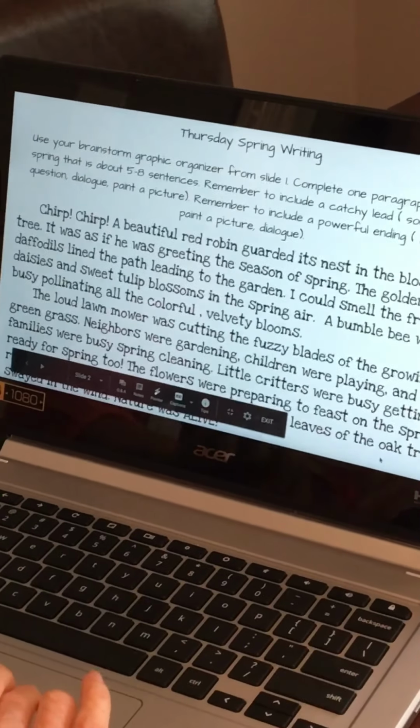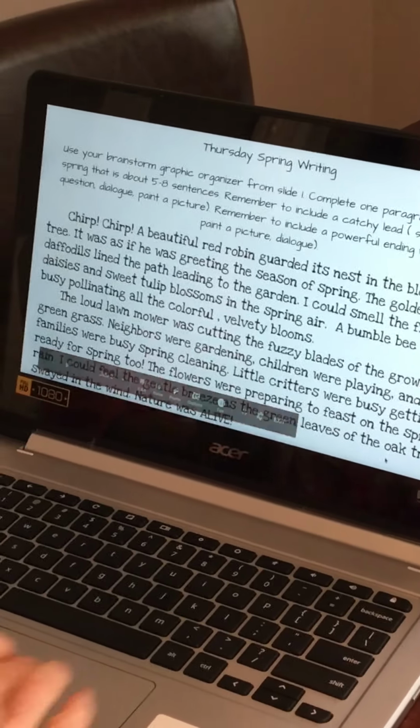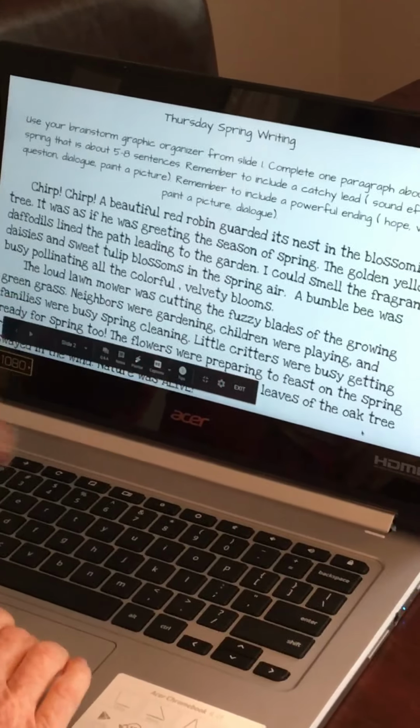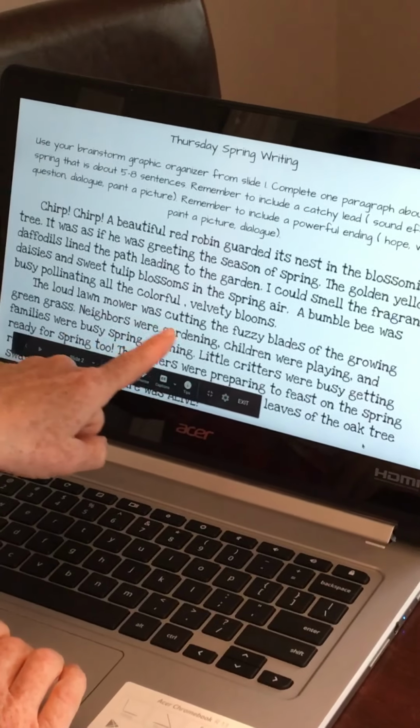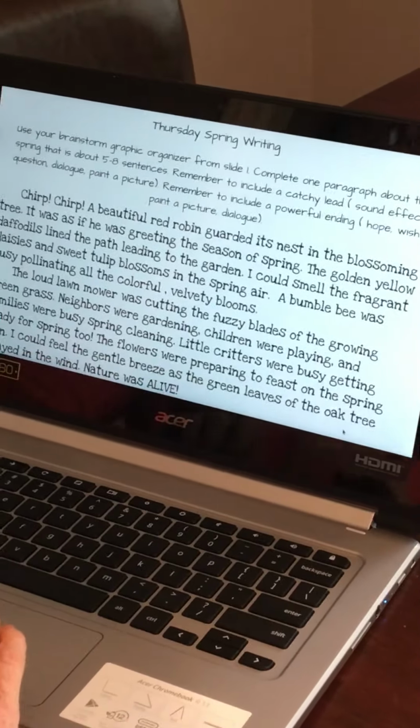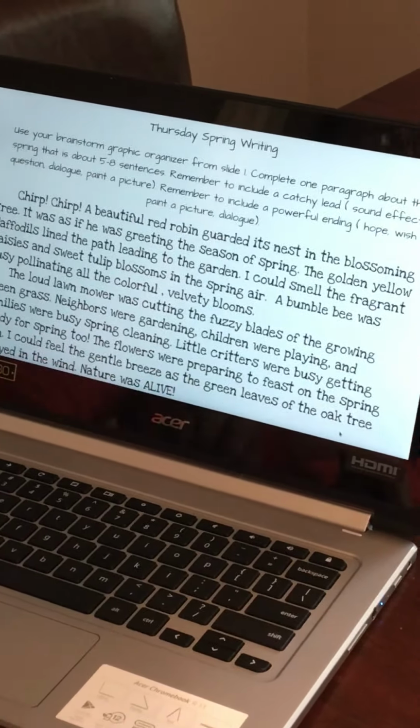So my next paragraph starts with sound, and it says, "The loud lawnmower was cutting the fuzzy blades of the growing green grass." And all of these next couple things were also in my graphic organizer. Neighbors were gardening, children were playing, and families were busy spring cleaning.